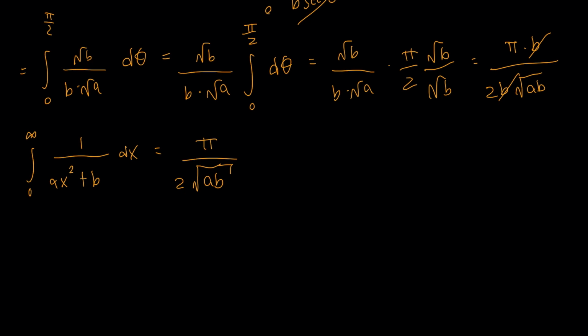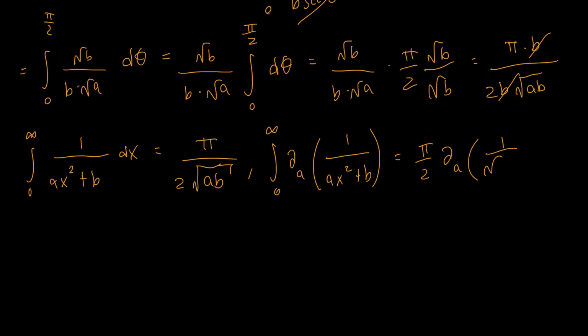And now from here, we will differentiate both sides with respect to a. So it means we have that the integral from 0 to infinity, the partial derivative with respect to a, of 1 over ax squared plus b will be pi over 2 the partial derivative with respect to a of 1 over the square root of ab.